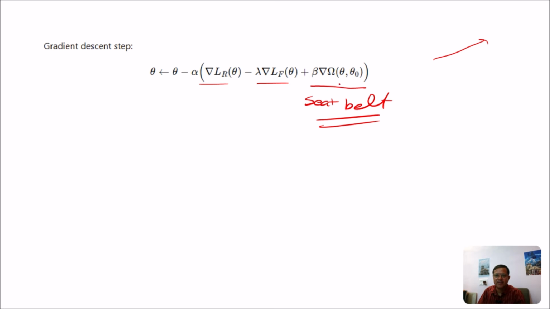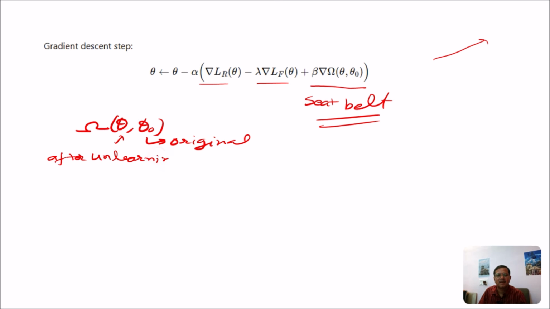So what is the meaning of those parts? The first part, if you see, is theta and theta 0. Theta 0 is your original model, and theta is the model after unlearning.